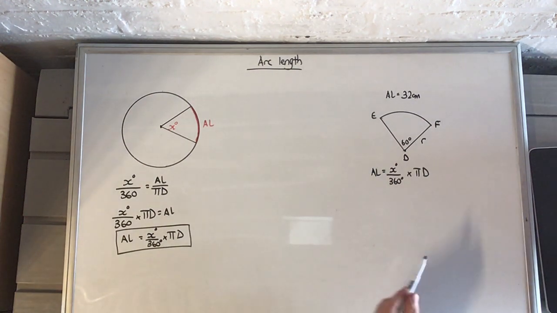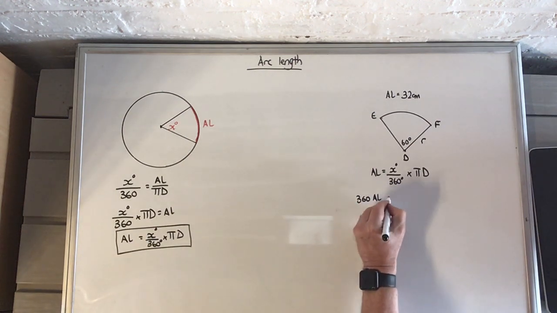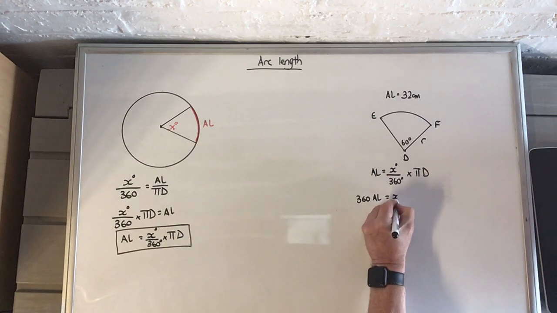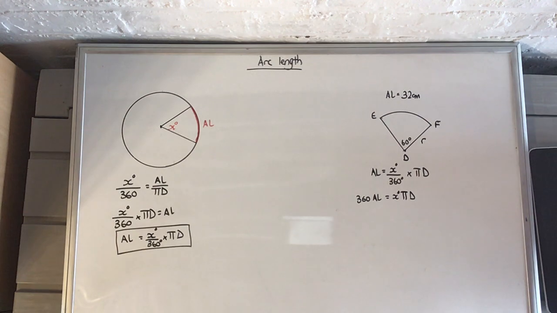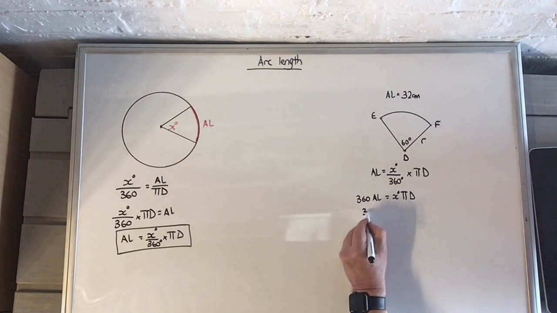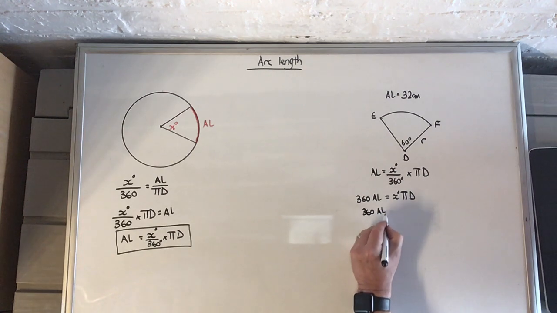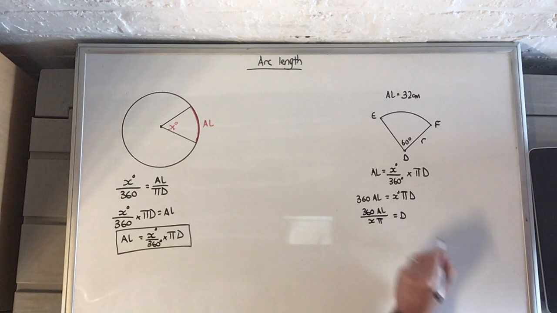So let's rearrange it again, multiply through by 360. That gives me AL is equal to angle at the centre over pi d. Now we don't want this bit here, we don't want the x and the pi on this side, so we're multiplying here. So we divide through by x and pi. So we get 360 AL over x pi is equal to d.